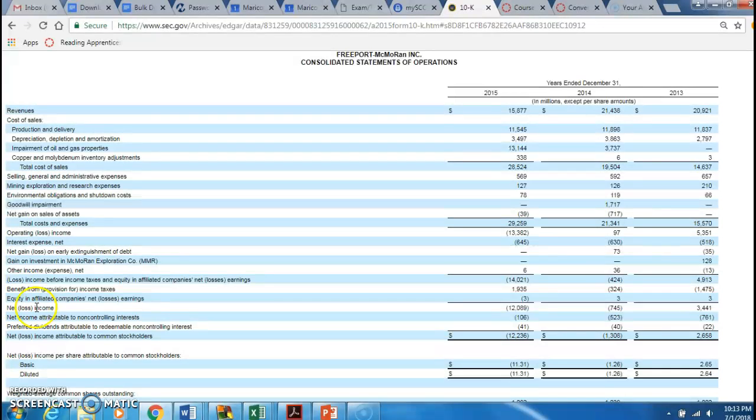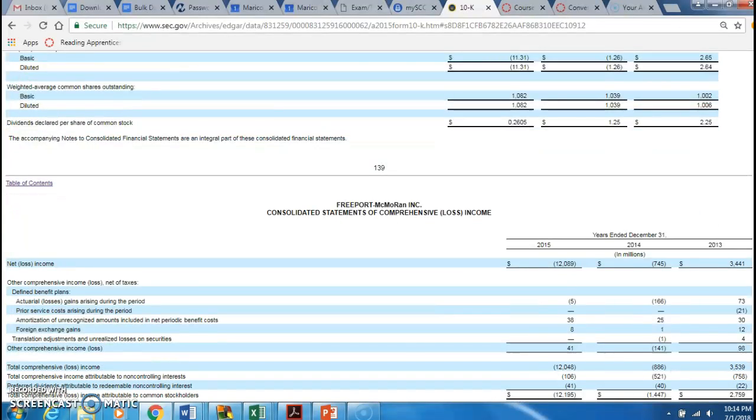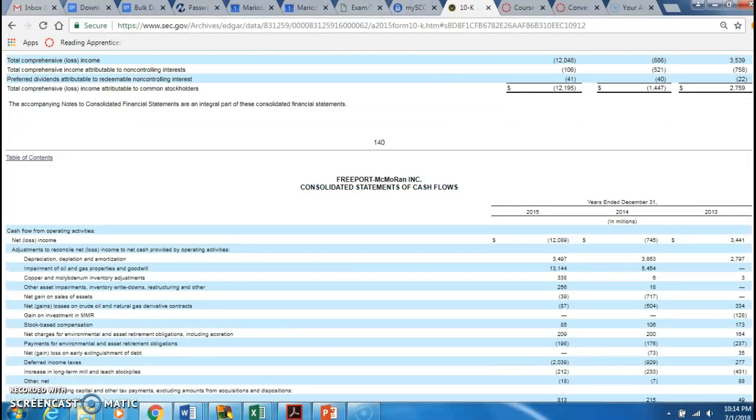So here we have net loss or income. There's the $12,089,000,000 for 2015, the 745 million loss for 2014, and the $3,441,000,000 net income for December 31st, 2013.